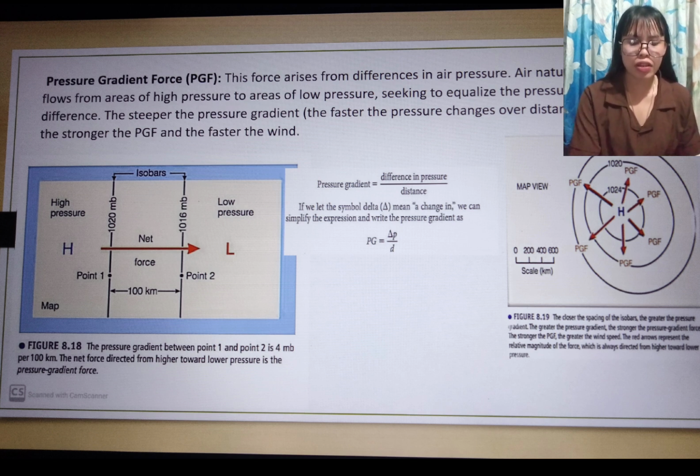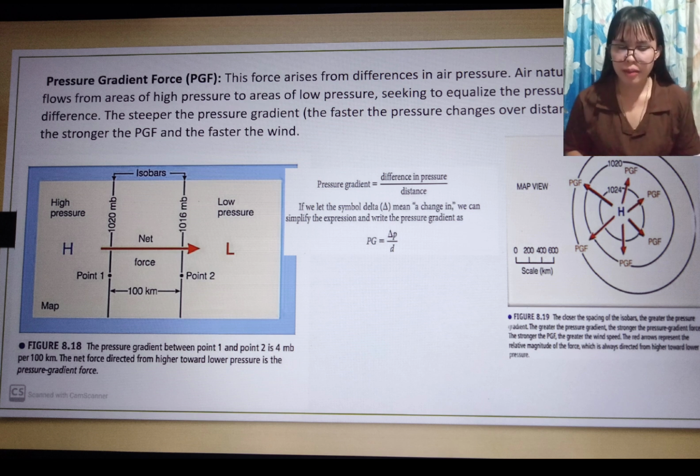So as we can see in the map view, the PGF is longer where the pressure gradient is stronger. The pressure gradient force can be calculated as the difference in pressure over distance.